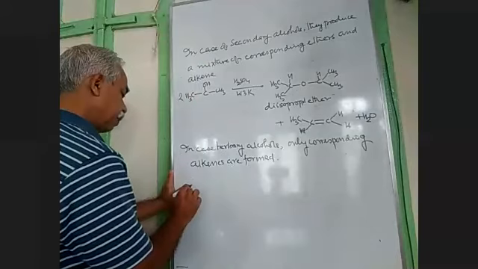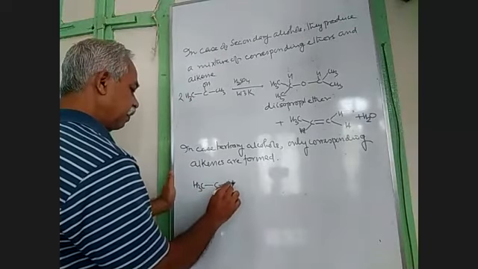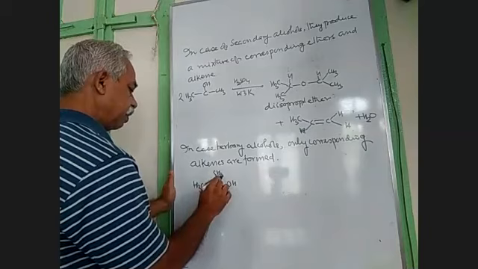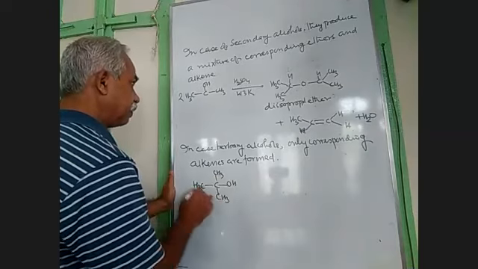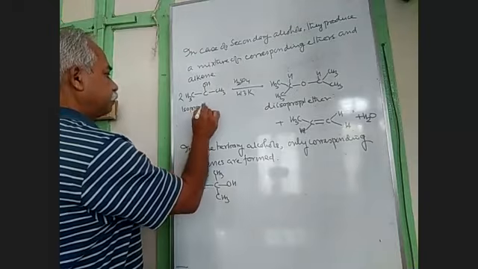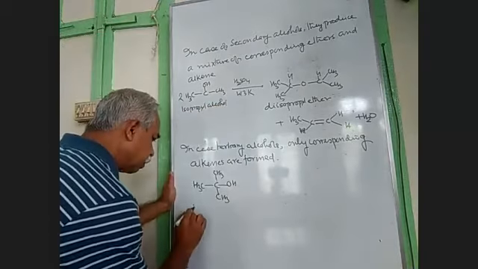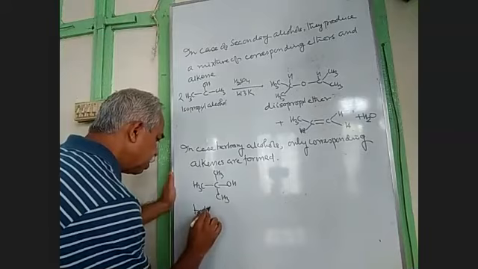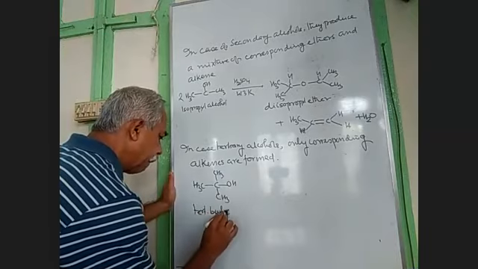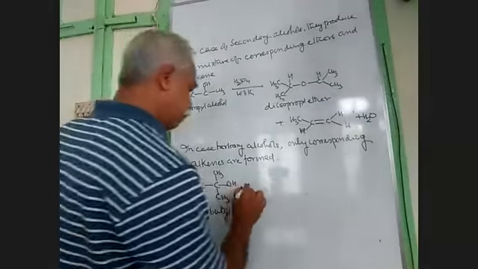Example, suppose I have taken here (CH3)3COH. You know this is called tertiary butyl alcohol.